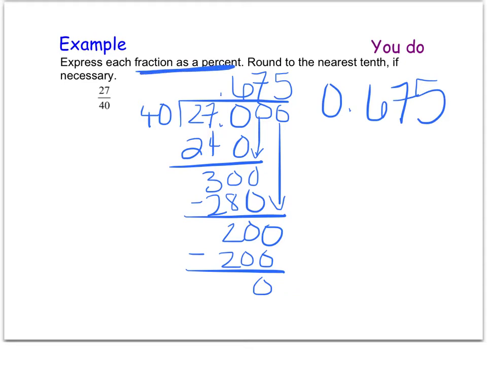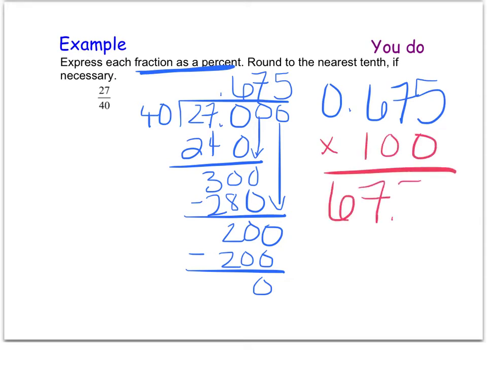It asked me to write it as a percent. So I need to change this to a percent. So I'm going to multiply by 100, and I get 67.5. Add your percent sign, 67.5%.